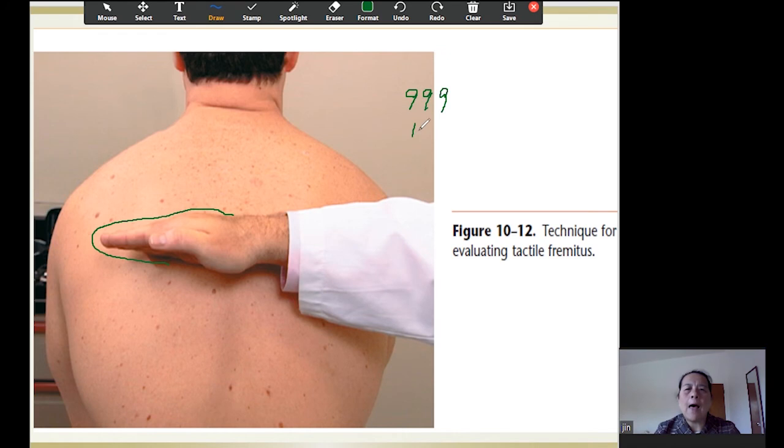Or maybe 111. We just feel the vibration. What the patient says doesn't matter, but you must let it be a long sound. Then you can feel the vibration. Sometimes even E is still good. So that's feeling the vibrations through the hand.